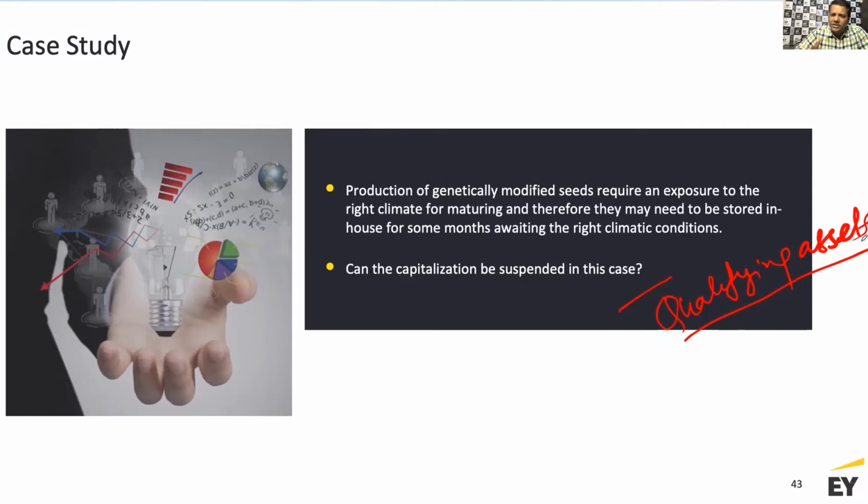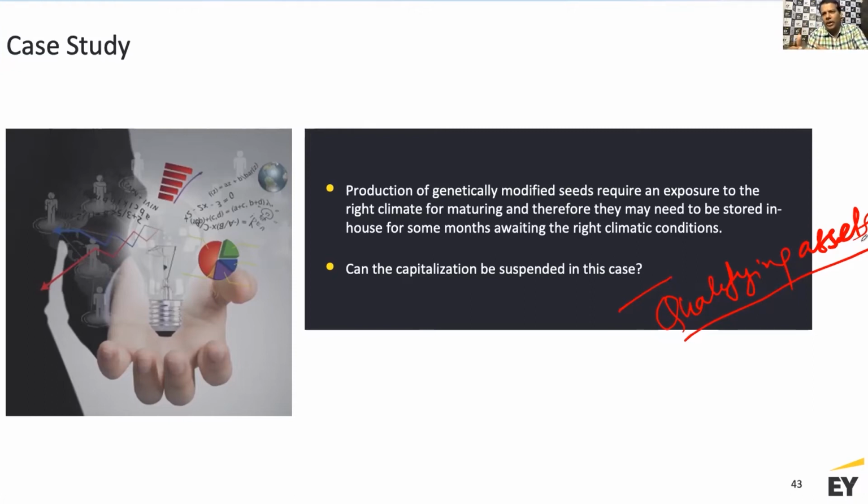It is like, if I'm in the business of liquors, which is wine or whiskeys and so on and so forth, and we need to store it for a certain period of time to mature. Till that point in time, it's actually an inventory which is in process. It is not a finished inventory because it cannot be sold in that form. So any cost or interest cost which you incur during that period is actually part of the inventory cost.